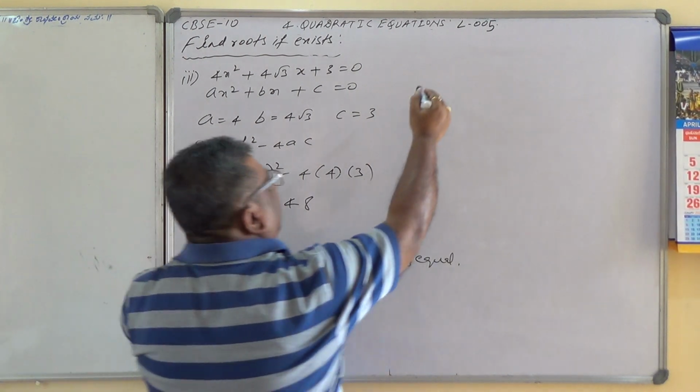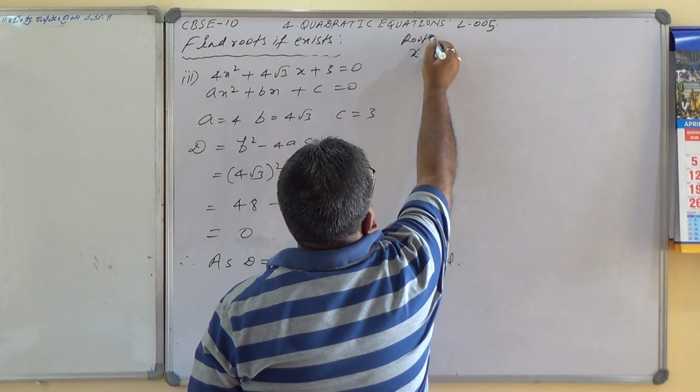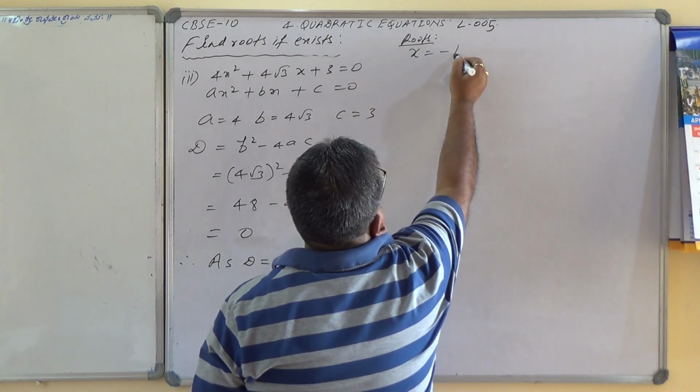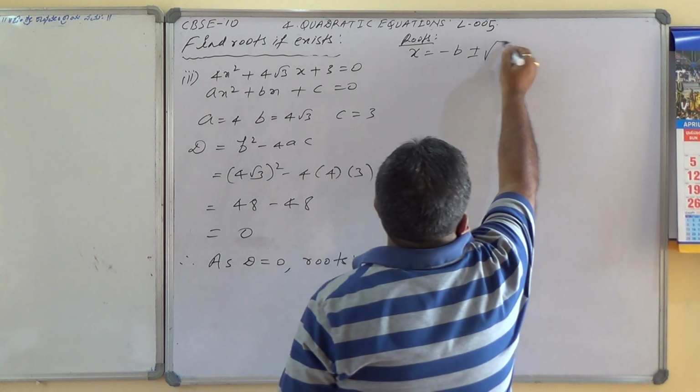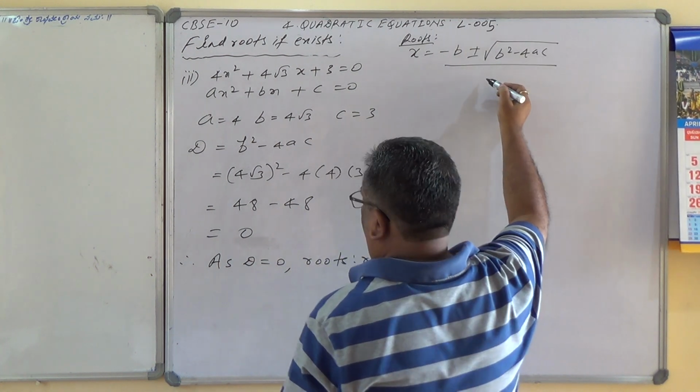If so, let me check it now. Roots are given by x equals minus b plus or minus under root of b square minus 4ac divided by 2a.